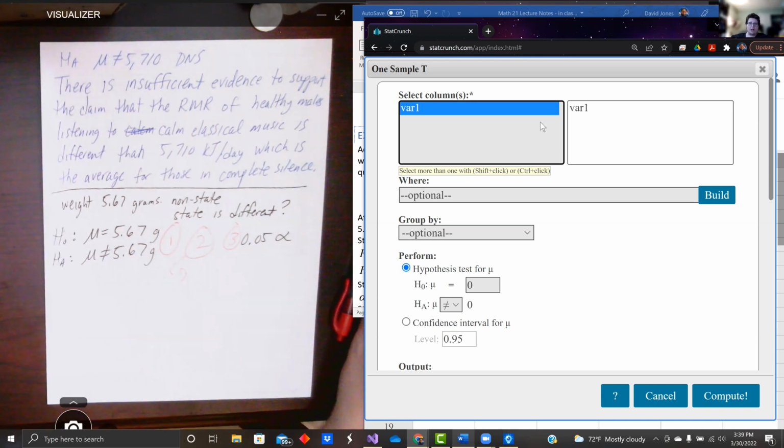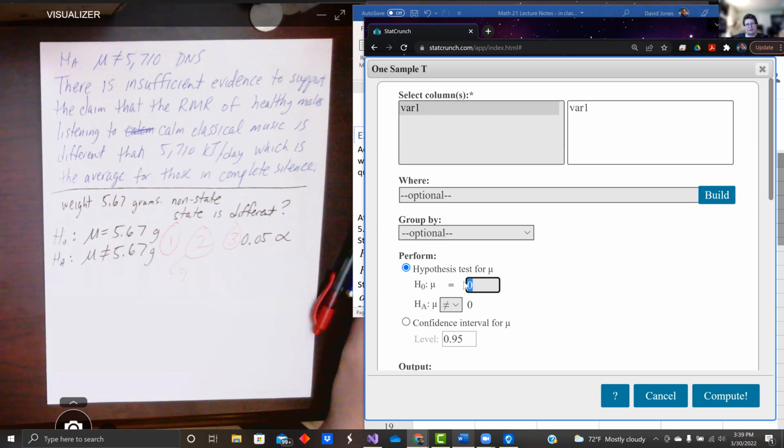We just select the column where the data is, and we tell it what H naught and HA are, and we said 5.67 grams. Computer doesn't care about grams. That's just something we've got to keep track of. We wanted not equal to, or different, so we're good to go there.